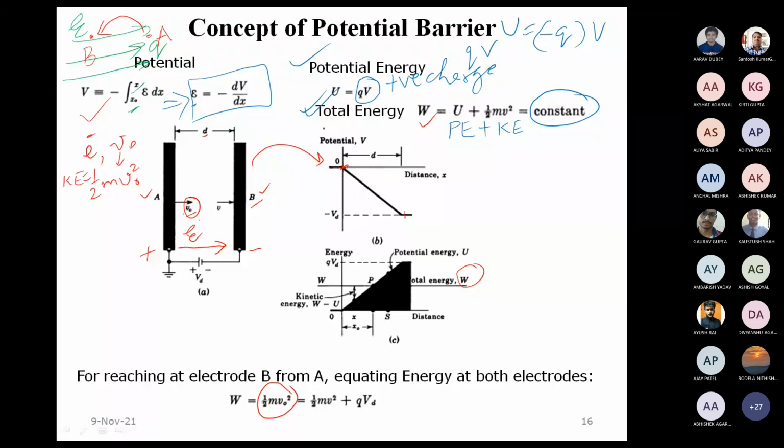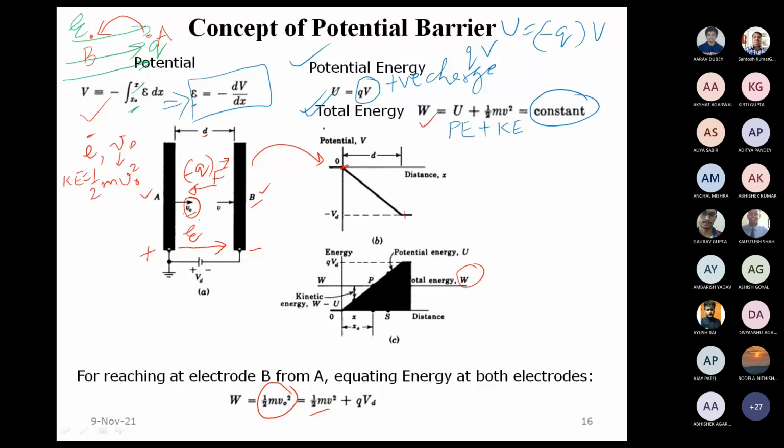As the electron moves towards plate B, it is actually going to work against the electric field. Why? Because this is an electron, a negative charge. The force on this electron is in the opposite direction.